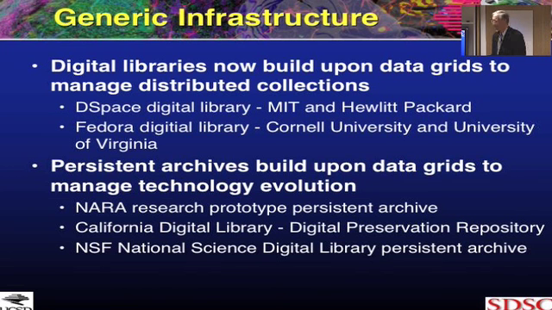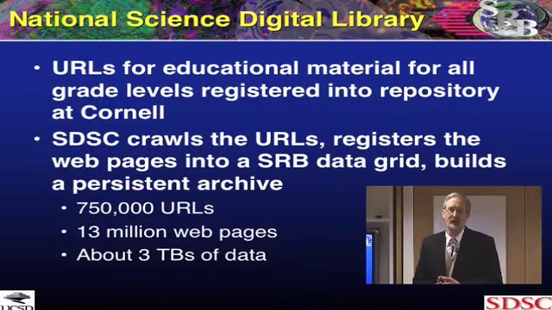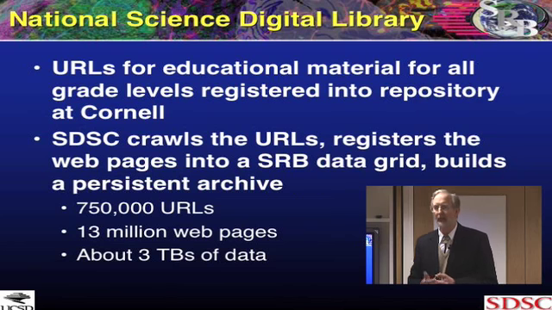The technology is used for the California Digital Library, Digital Preservation Repository. We use it to support the National Science Digital Library, and again, I'll have a slide on that. The NSDL has a central repository where they register URLs pointing to educational material. The challenge is that all of the material is posted on the web.